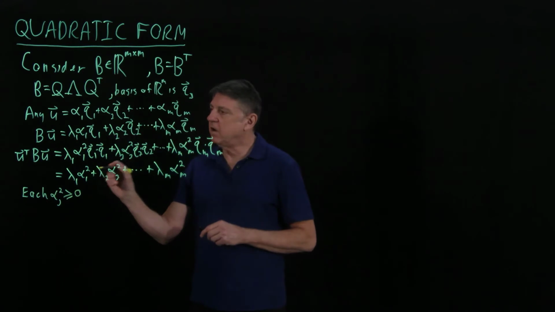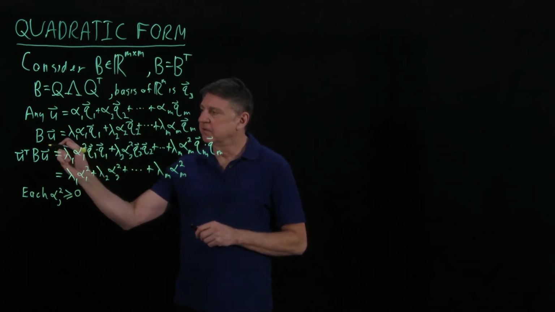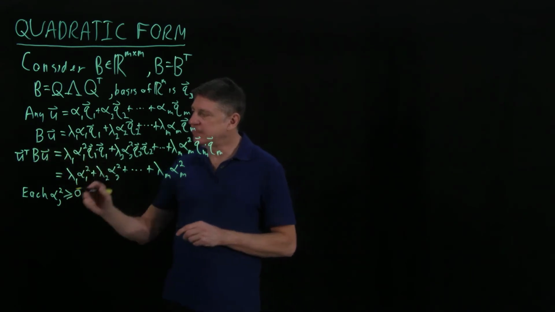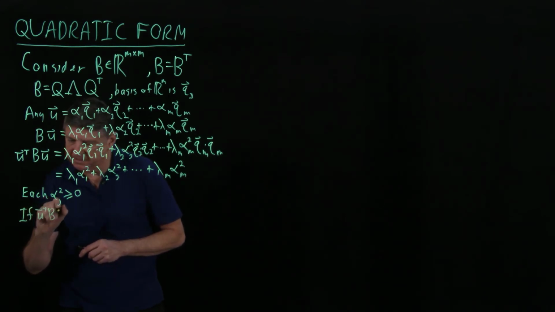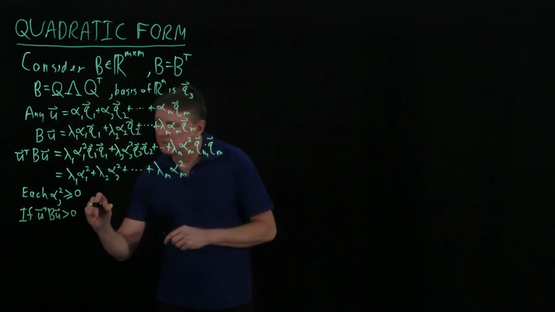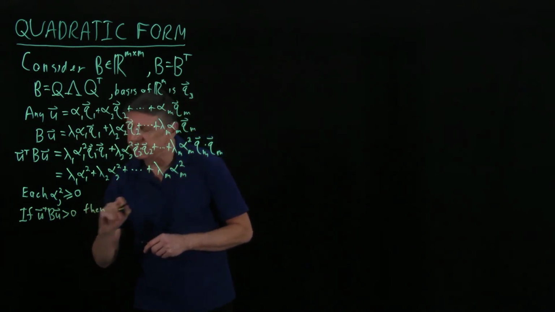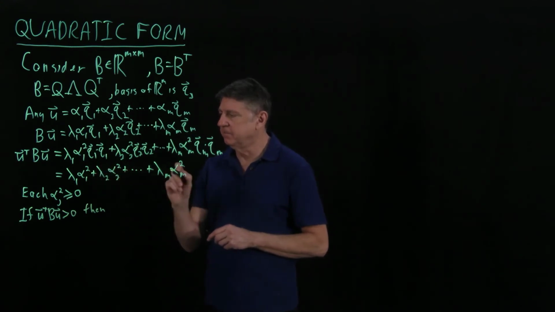So what is a requirement for U transpose B U? Let's say if U transpose B U is greater than 0, then what statement can I make about this sum?